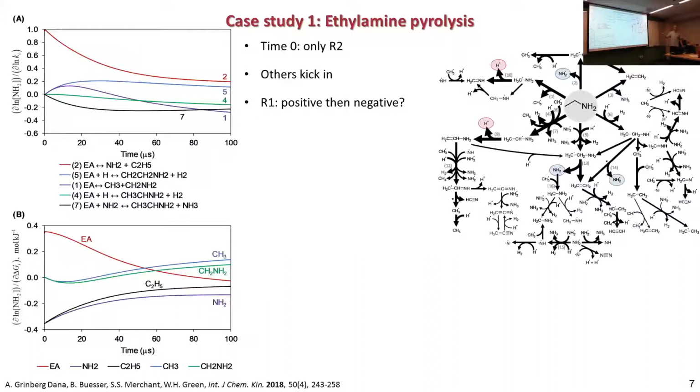So if I have a faster rate here, I have more H's in the system, wonderful, I'll get more NH2. Beautiful, explained. But we have a negative sensitivity coefficient for reaction number 1 at later times. Why is producing more H's bad for us? We get less NH2 at later times.